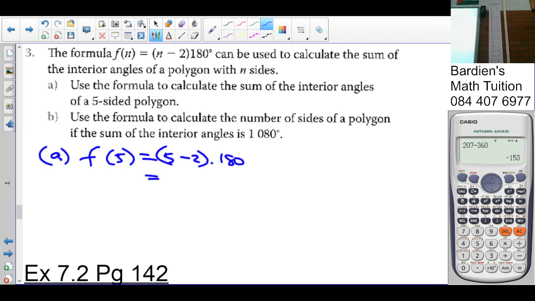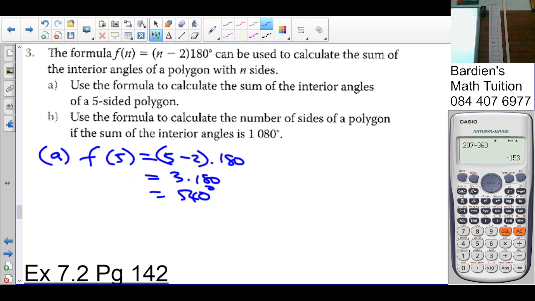What's 5 minus 2? 3, and 3 times 180? 540. A 5-sided figure is also called what? Pentagon. What does a regular pentagon mean? All sides and all angles are equal. Irregular means all the sides and all the angles are not equal.